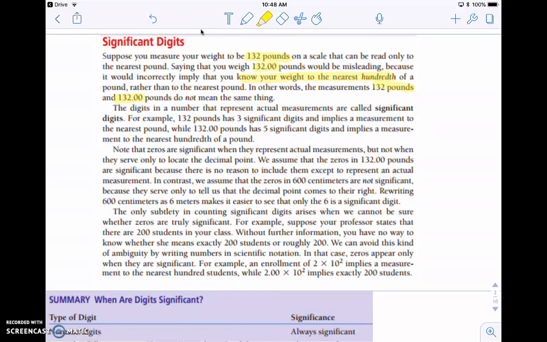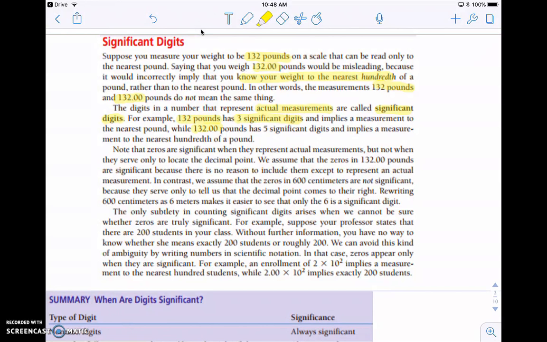each have meaning. When we look at digits in a number that represent actual measurements, these are called significant digits. So in our example, 132 pounds has 3 significant digits: 1, 3, and 2, and it implies a measurement with accuracy to the nearest pound.